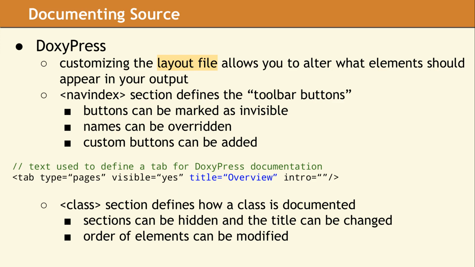For example, in our CopperSpice API docs, we changed the section which would normally be called Public Member Functions to read Public Methods. This gives you complete control over how your documentation should look, and you are not stuck with the default terminology. In addition to the class section, there are also sections to define the layout of file, group, and namespace elements.